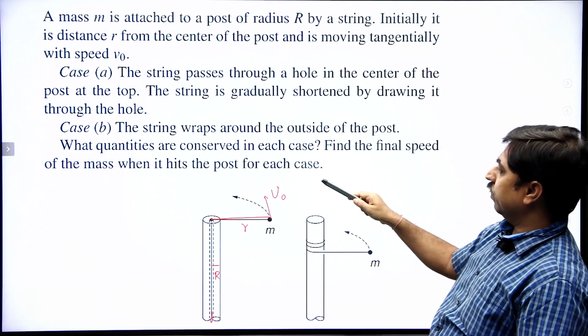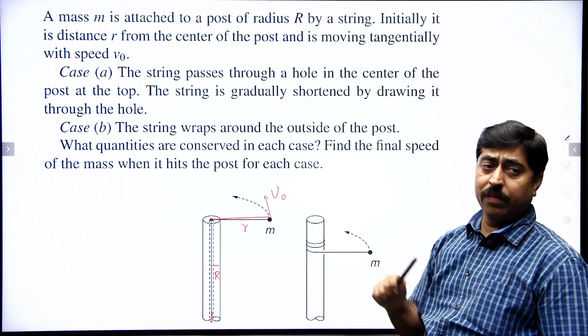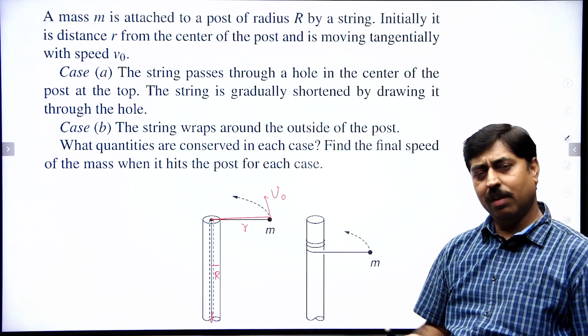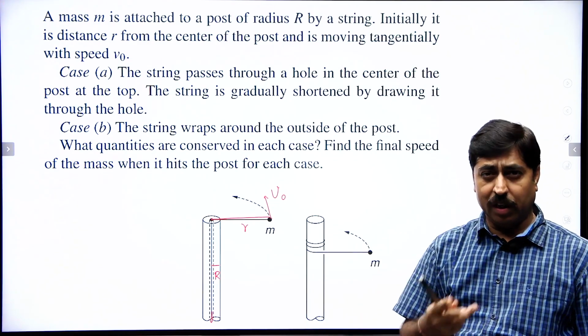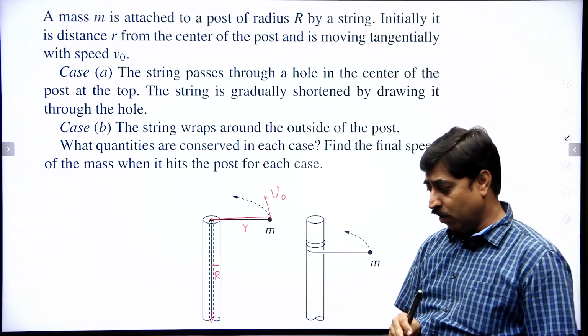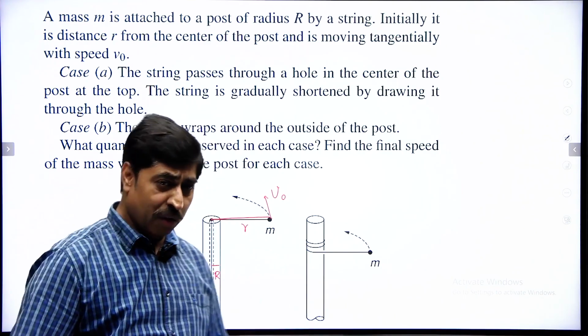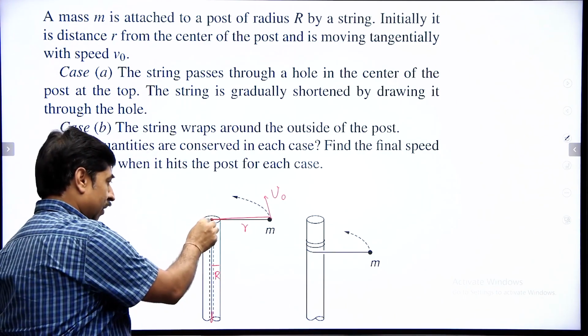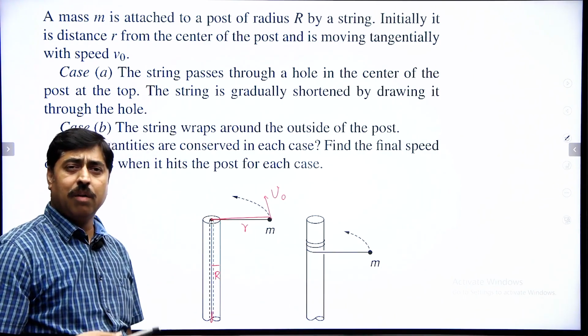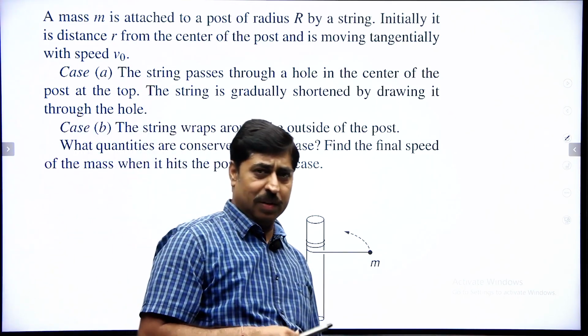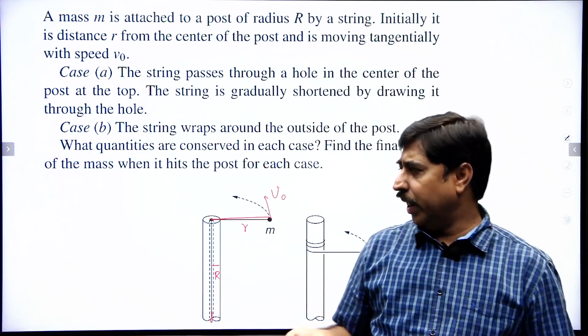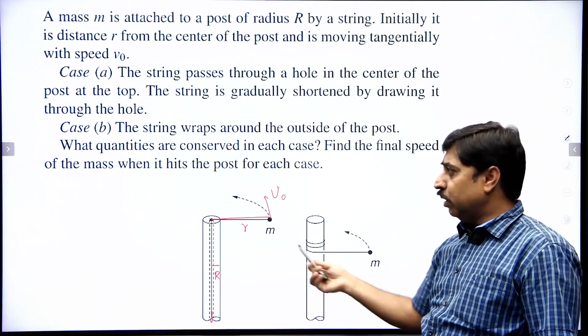Now, the question says, what quantities are conserved in each case? Quantities means momentum, angular momentum and energy. Basically, the question is asking whether the momentum of the particle remains conserved, whether the angular momentum of the particle about, let us say, this point remains conserved, or whether the kinetic energy of the particle remains conserved. What kind of quantities remain conserved in these two cases?